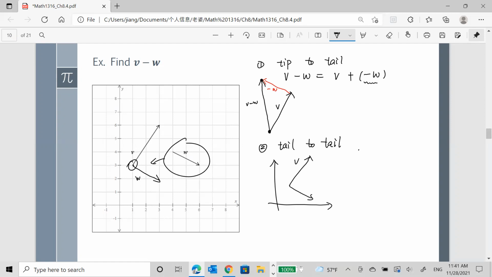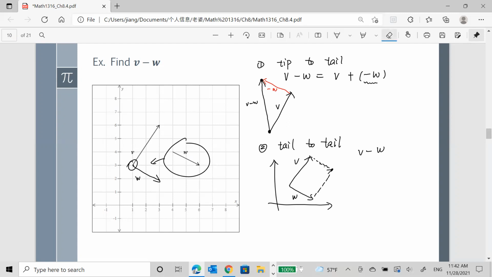So for example, this is V, this is W. How do we find V minus W? Before, we learned we can draw a parallelogram like this, and then there's V plus W. How about V minus W?